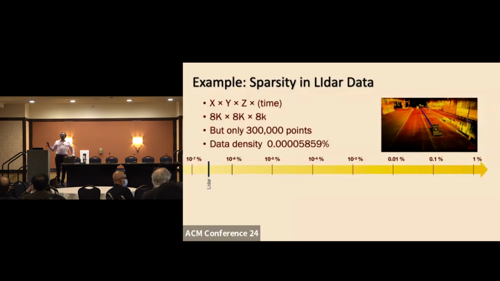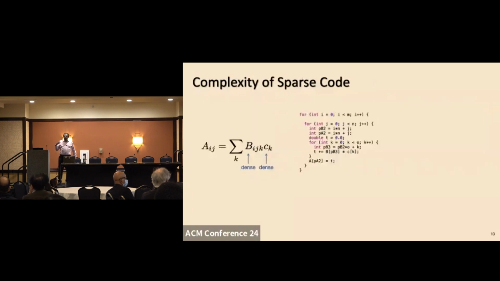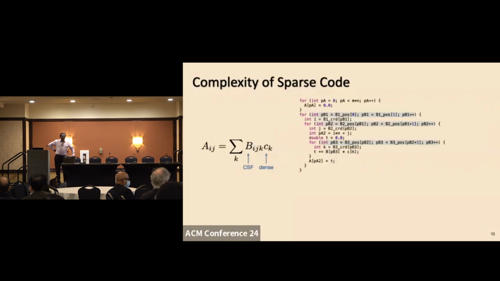So why isn't everybody using sparse all the time? Because sparse data representation and code is a little bit more complicated. Here's a very simple dense 3-tensor multiplied by a vector code. Even an early undergrad can write this code, no big deal. But now if you use this 3-tensor in a sparse format like this sparse fiber format, the code gets a little bit more complicated because now we have to iterate over this sparse data structure.